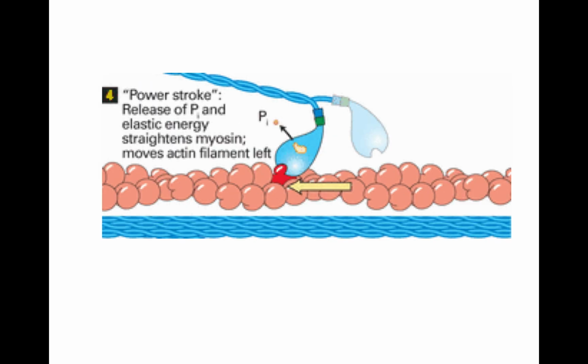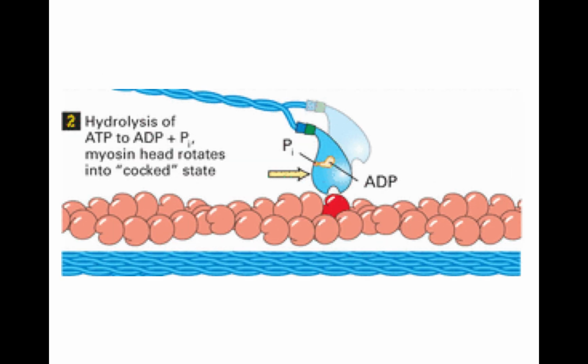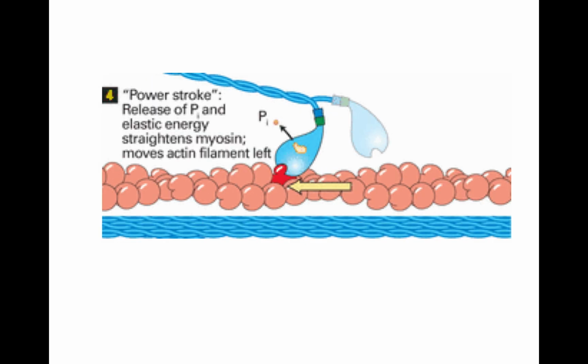Okay? And then it's actually going to move the actin relative to the myosin when phosphate is released. So up here, ADP and P, after ATP is split, stay on the myosin head, and then it binds. Now phosphate is released as a result of that.